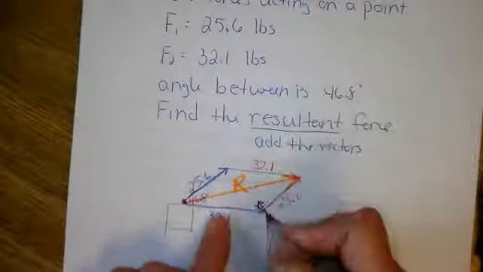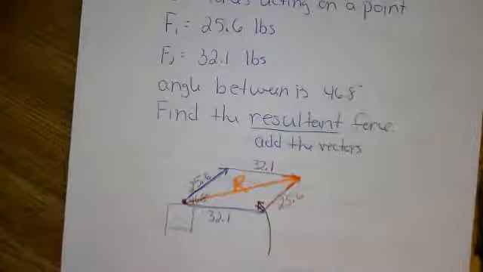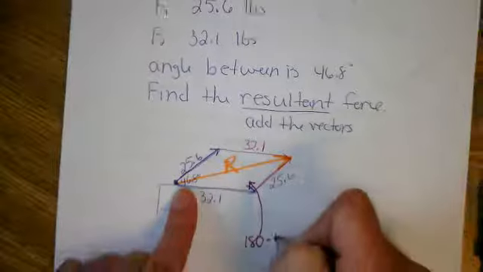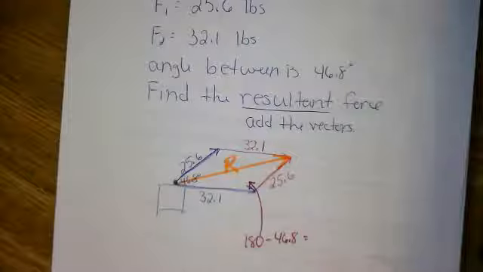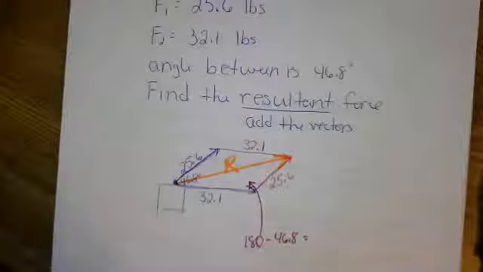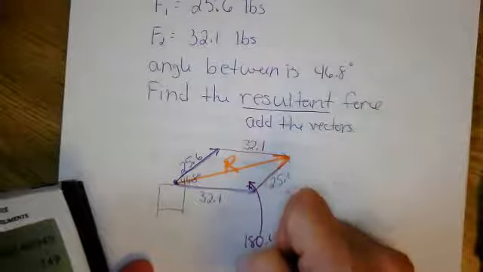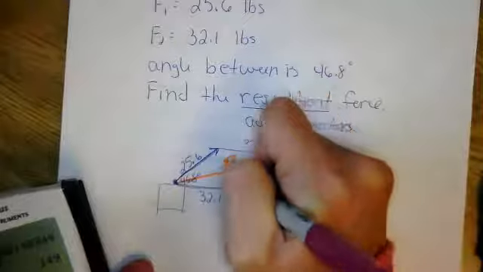Then I'm going to have side, angle, side, and then I can solve for the missing side with law of cosines. So that angle in there is 180 minus the 46.8. So 180 minus 46.8. That angle in there is 133.2 degrees.